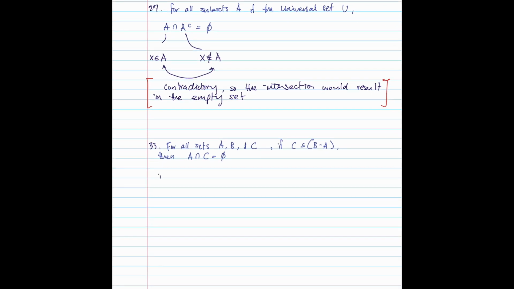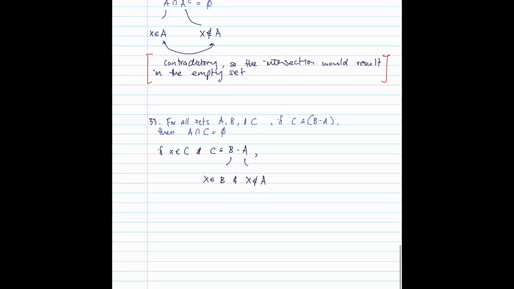Right, so if x is an element of C, and C is a subset of B minus A, that means that x is an element of B and is not in A. So let's say we have our sets A and B. B minus A would be everything in B except A, right?